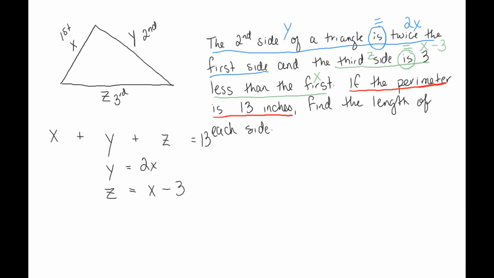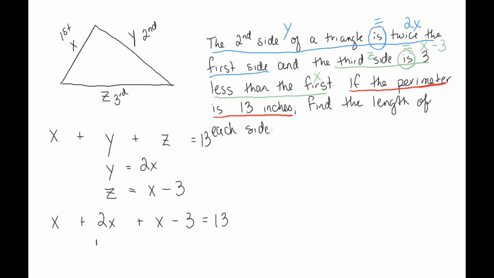Now on this one, I'm going to use the substitution method. X plus y, but y is 2x, plus z, x minus 3, equals 13. So there's my equation. Now, we could have probably done this one without using the extra variables, but it kind of gives us that idea moving into the 3 variable case in a not so horrible problem.